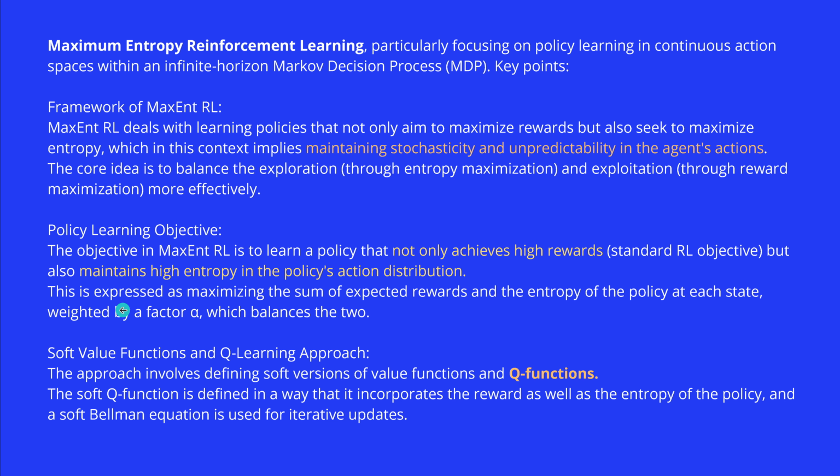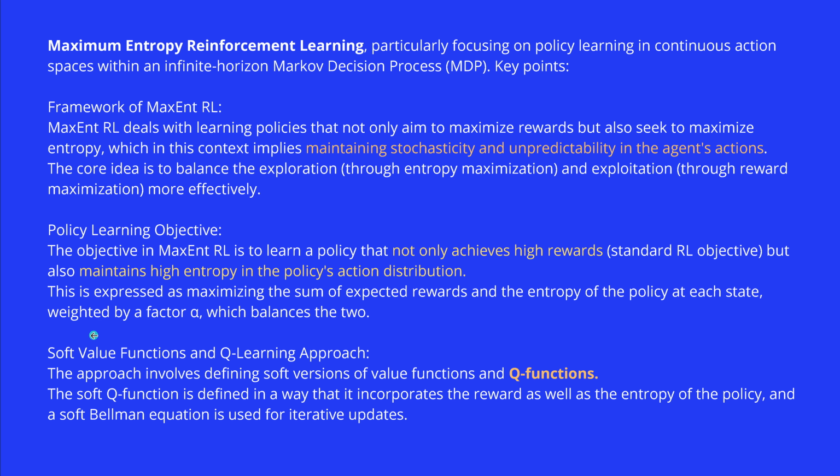This is expressed as maximizing the sum of the expected rewards and entropy of the policy at each state, weighted by a factor, which balances the two off, and you can do a little bit of shifting around, but this is not the important point. You have to understand it is about the agent, and the agent should have exploration and exploitation capabilities. This is why we do this.